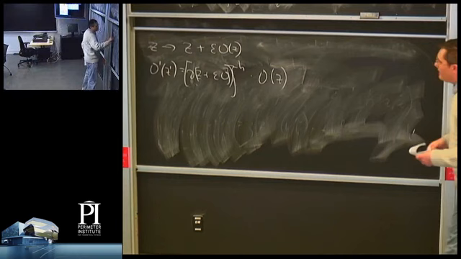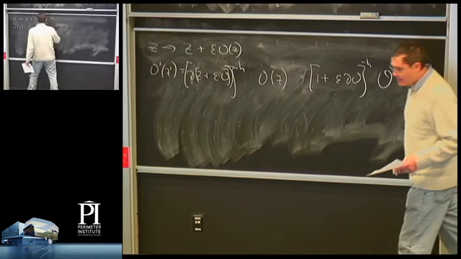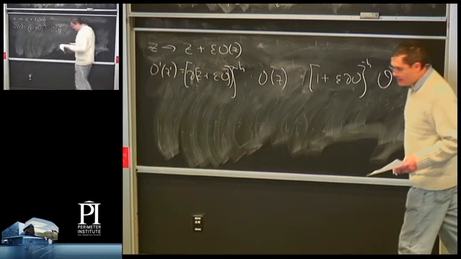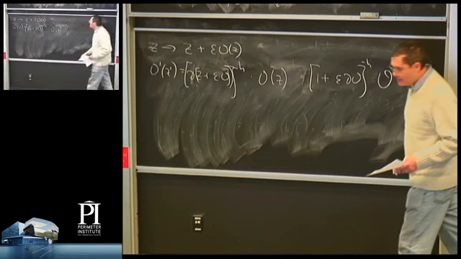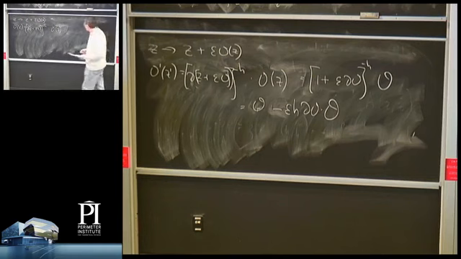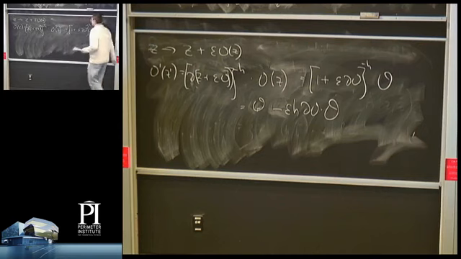So I have O prime of z prime is going to be equal to z plus epsilon b to the power minus h, right? And then I have O of z. Here, actually, I have to take a derivative with respect to that, so this gives me 1 plus epsilon del b to the power minus h.